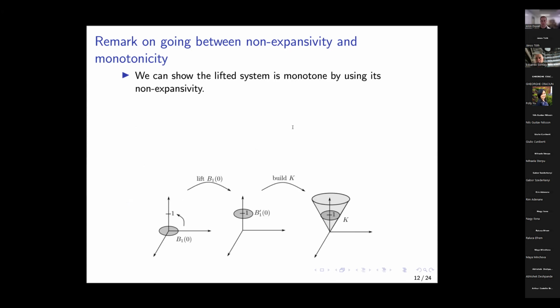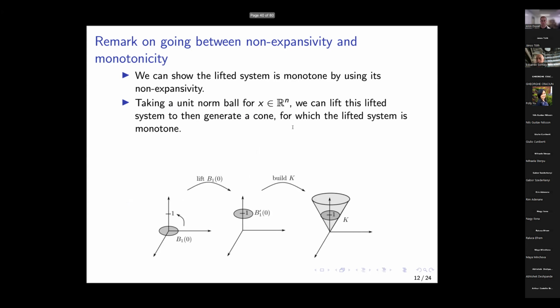So a bit more information about this lifted system with a dummy dimension. In this picture, we have some system in R2 that's non-expansive. Take a ball of unit norm, so norm of x less than or equal to 1.